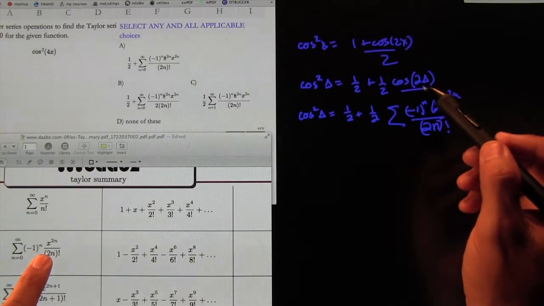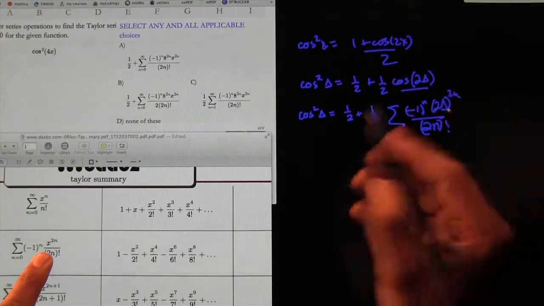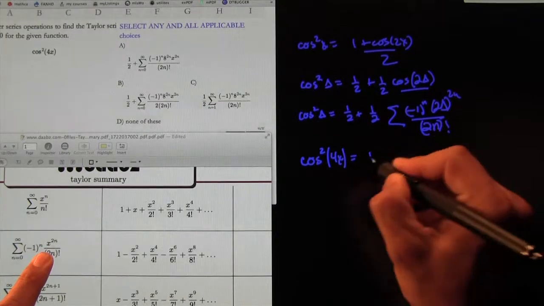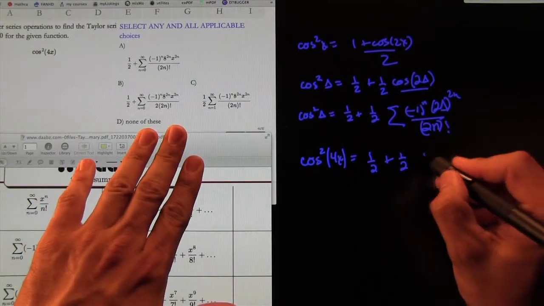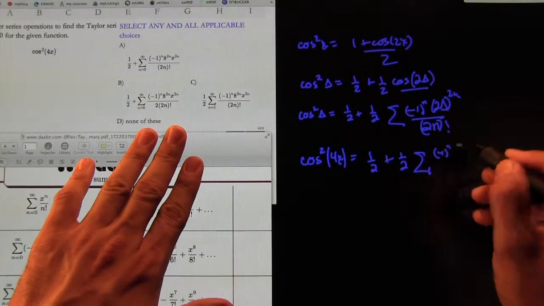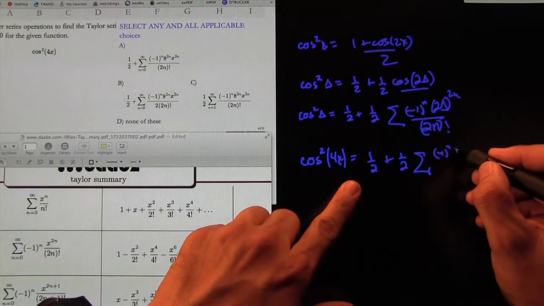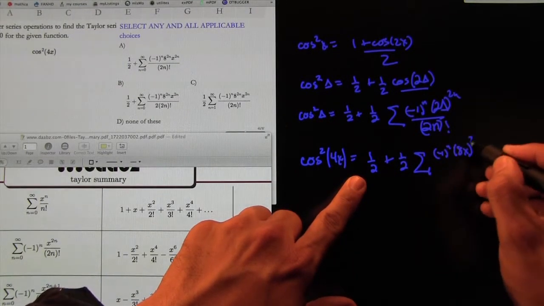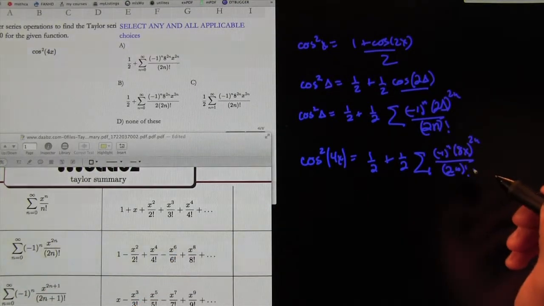All I did is replace x with 2 triangle, and so now I can say, well, what's cosine square of 4x? Well, that would be 1/2 plus 1/2 times the summation of -1 to the n. I'm replacing 4x wherever I see a triangle, so this would be 2 times 4x. That would be 8x raised to the 2n all over 2n factorial.